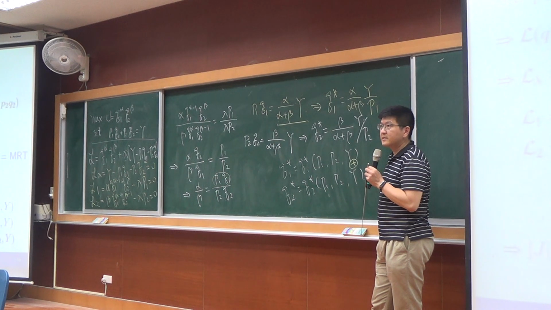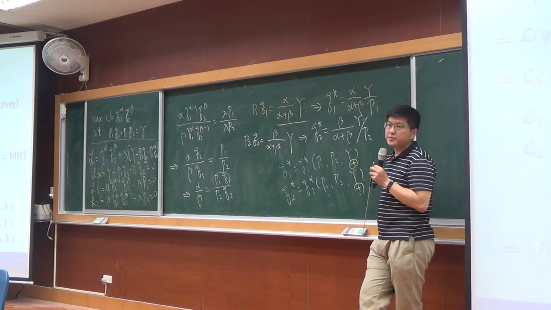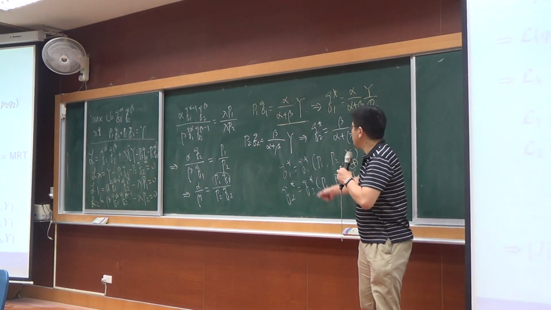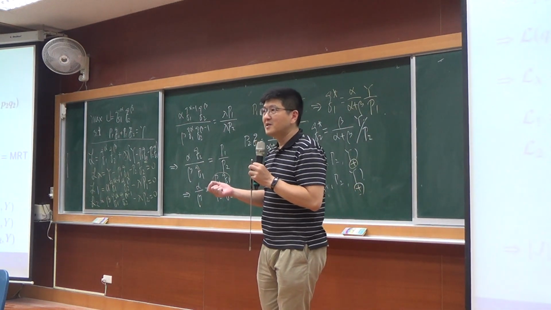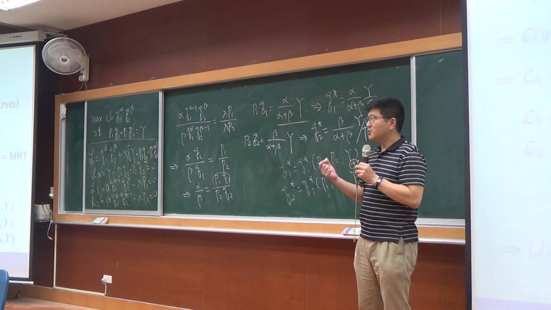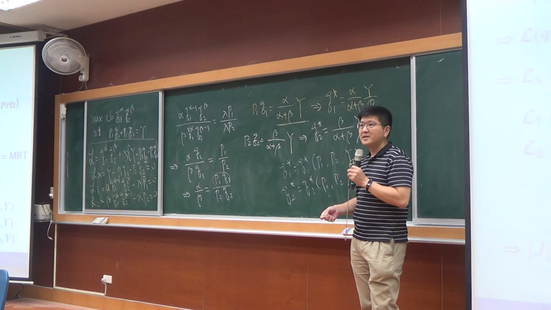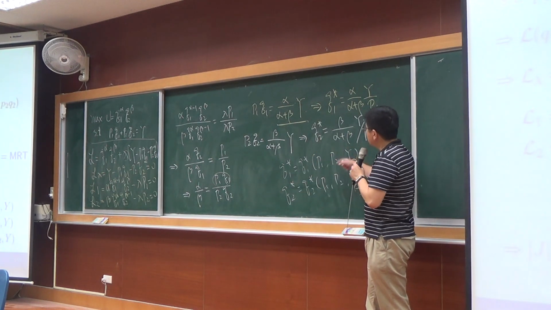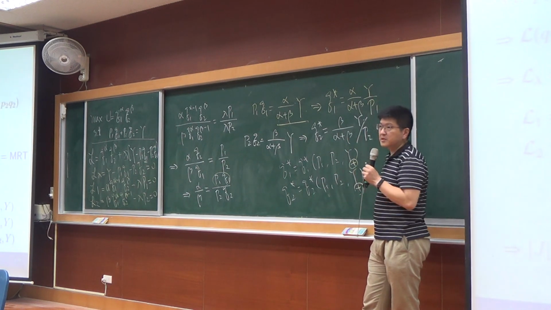Is that clear? And also positive for Q2. So the more income you have, the more Q1 you consume. So Q1 is what kind of good? Normal or inferior good? Normal good, right? So Q1, we know it would be a normal good. And also Q2 is a normal good. Is that right?